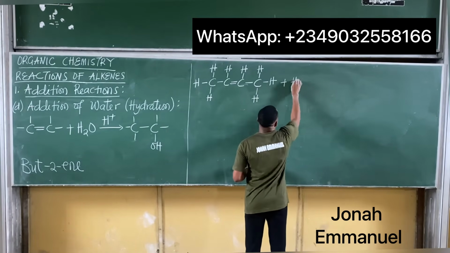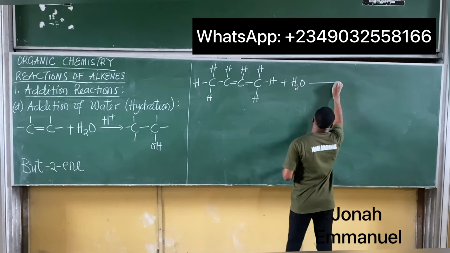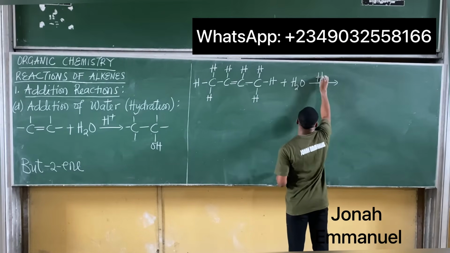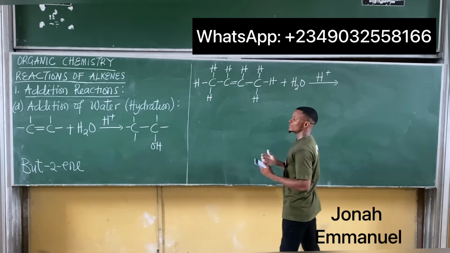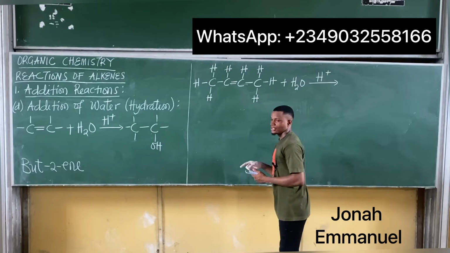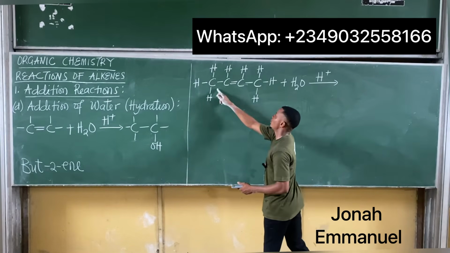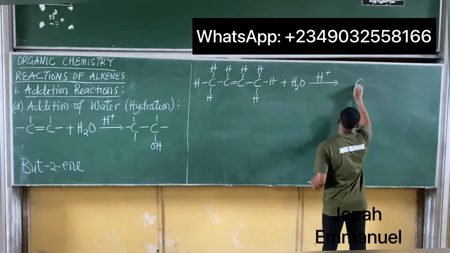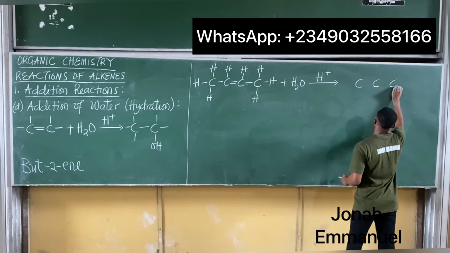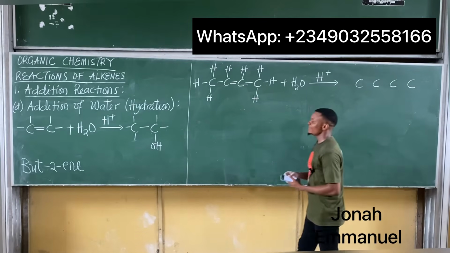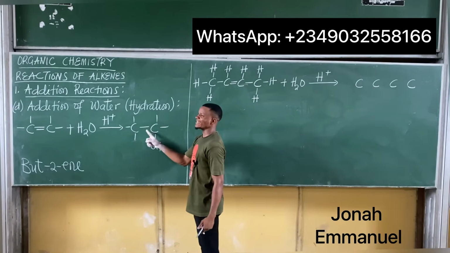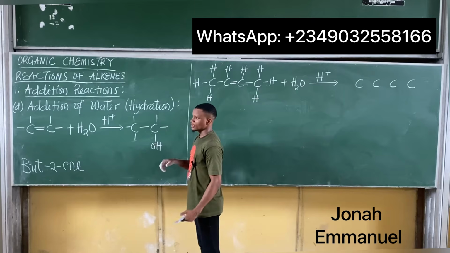Combine this with water, H2O, and hydrogen ion, H+. What do you get? We said you have a corresponding product. Observe that in the corresponding product, they are single bonded.